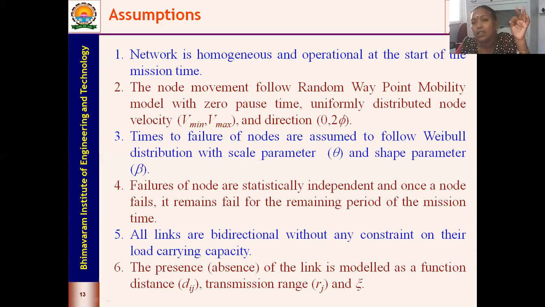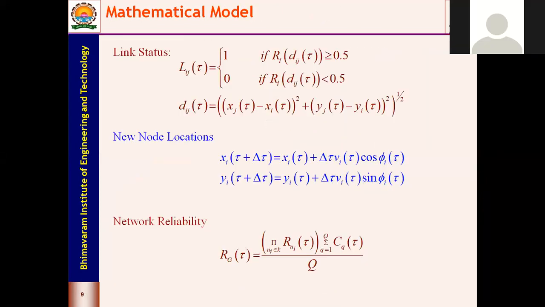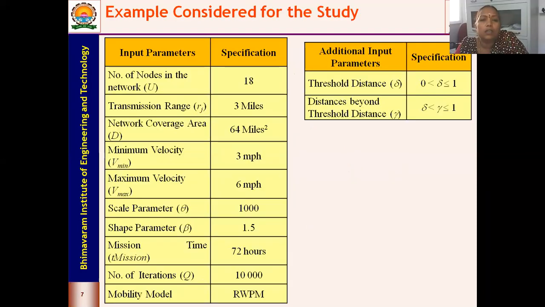Any doubts? In your previous case, we had considered delta and gamma. Instead of that, we are going to consider psi. Here, what are the parameters we are considering?